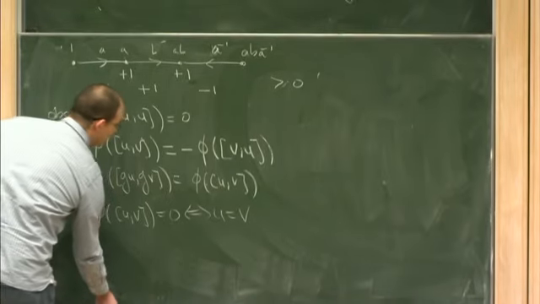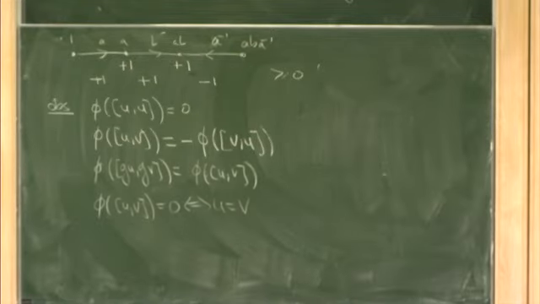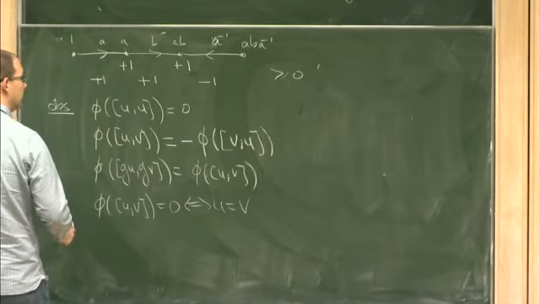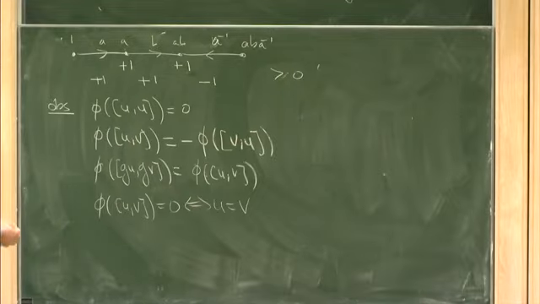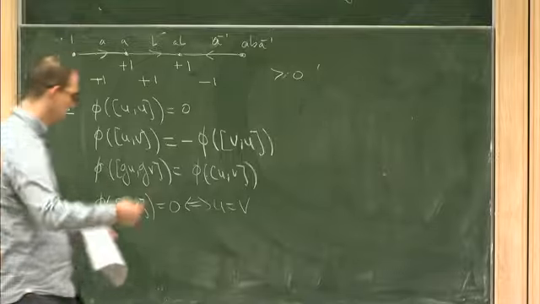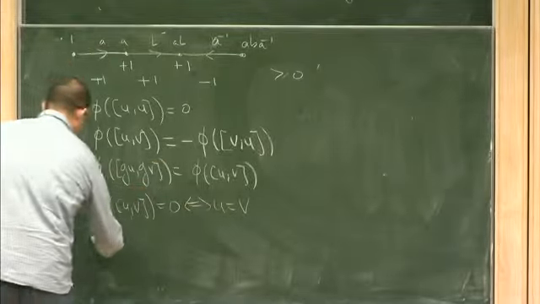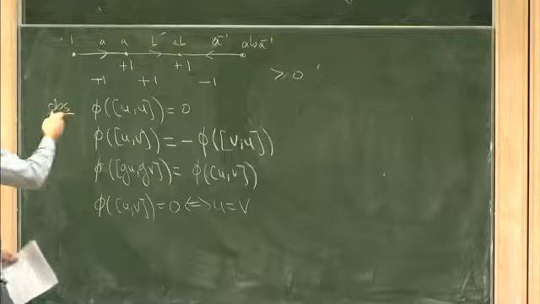And so that's why it totally orders the whole thing. Everything is either positive or negative. And I guess the last thing one has to check is the transitivity. Okay, if A is less than B and B is less than C, then A is less than C, and that, well, you can do it with a picture.